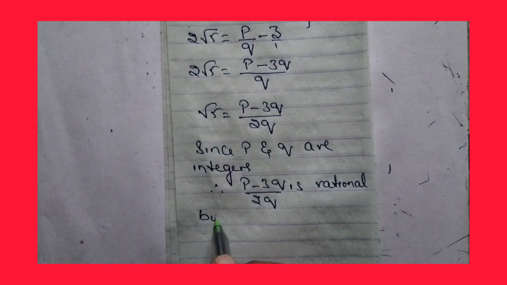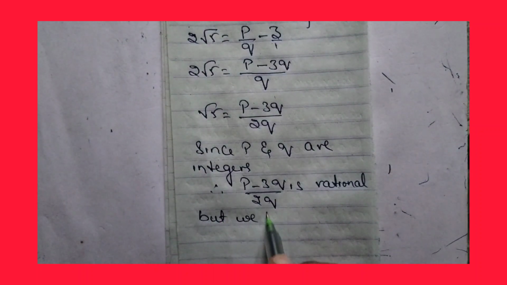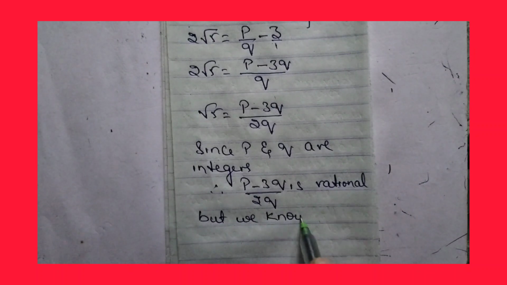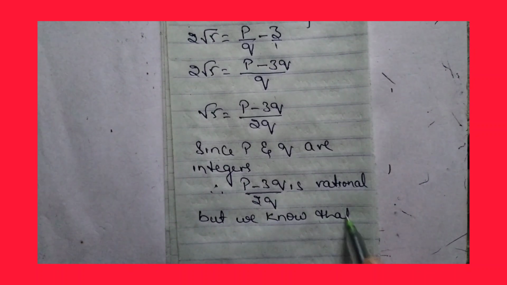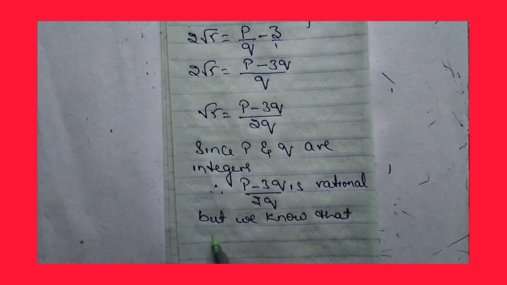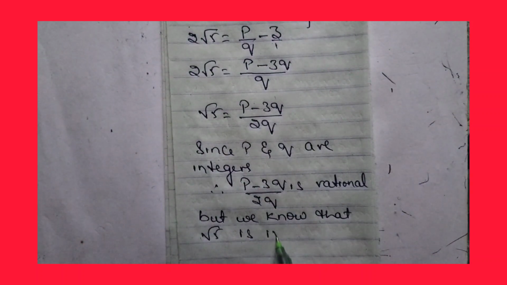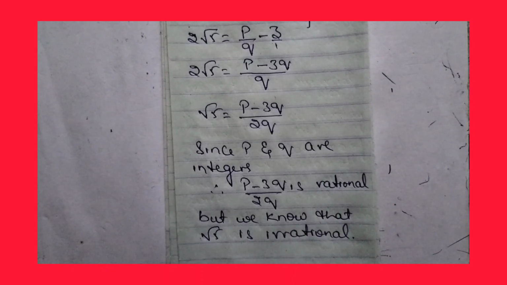But we know that root 5 is irrational. Already we have proved that root 5 is irrational.